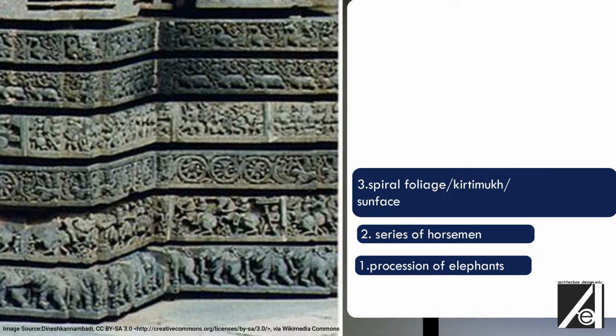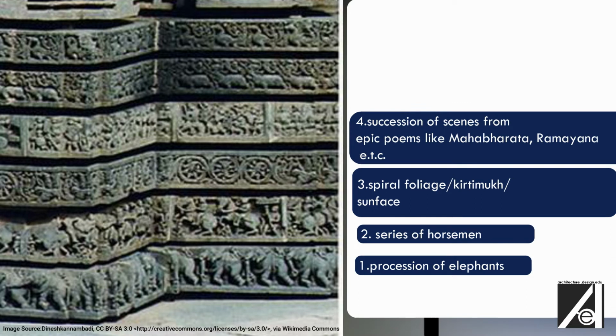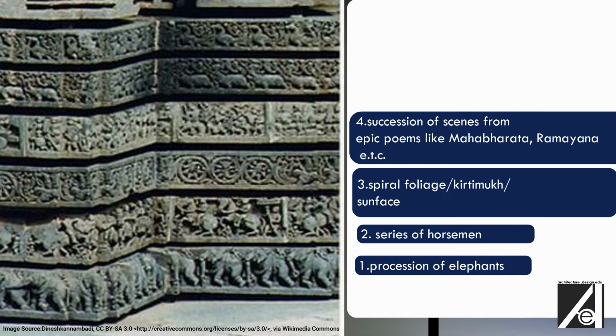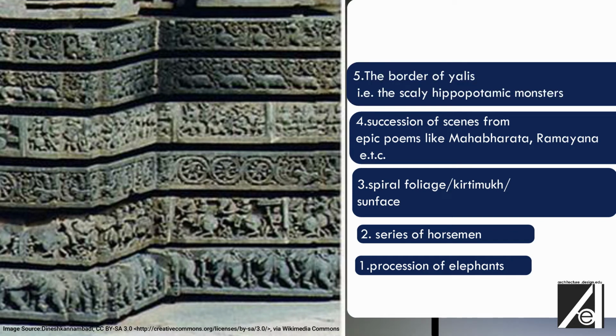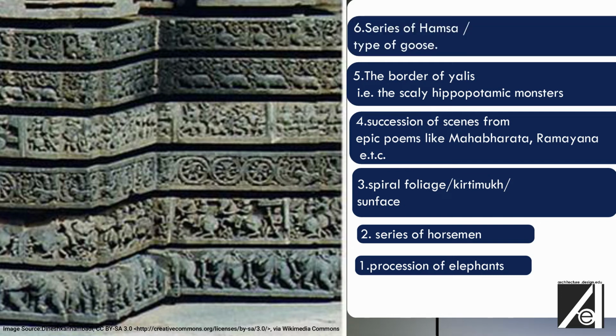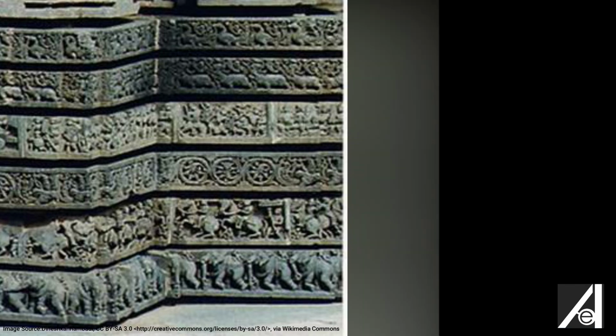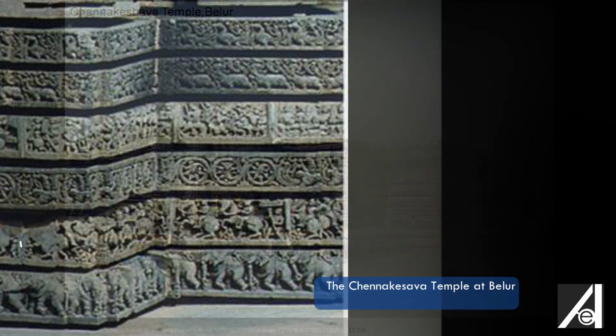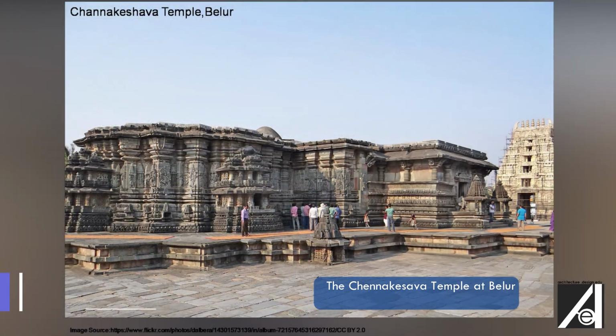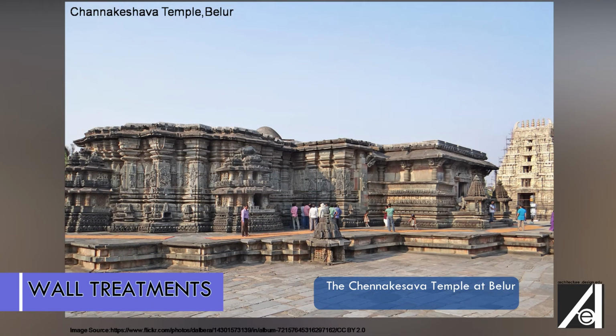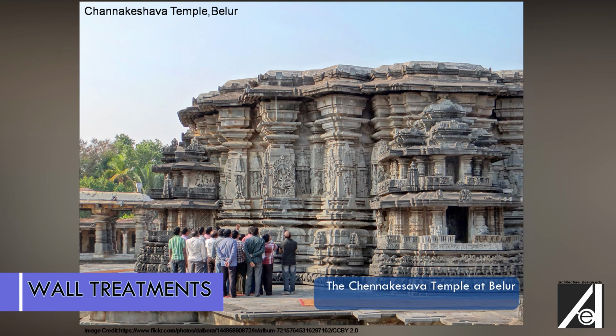The fourth band consists of a succession of scenes from the epic poems, that is Ramayana, Mahabharata, etc. The next consists of a border of yalis, that is the scaly hippopotamic monsters, and the top one consists of the hamsa, that is a type of goose. The fourth layer, with scenes from the epic poems, is in sequence when moving in the clockwise direction around the Pradakshina path.